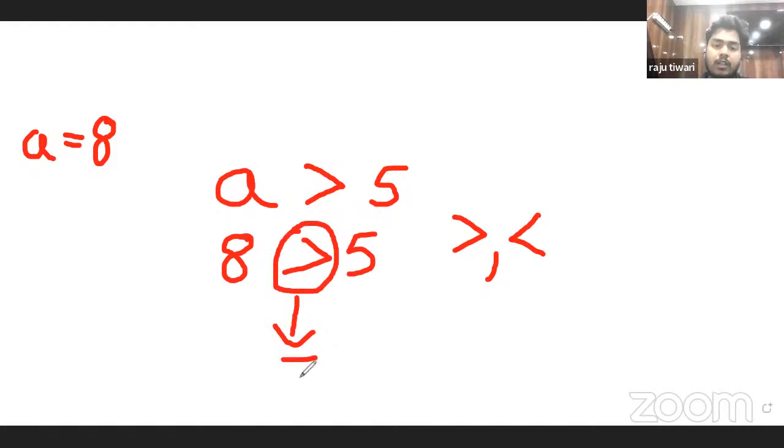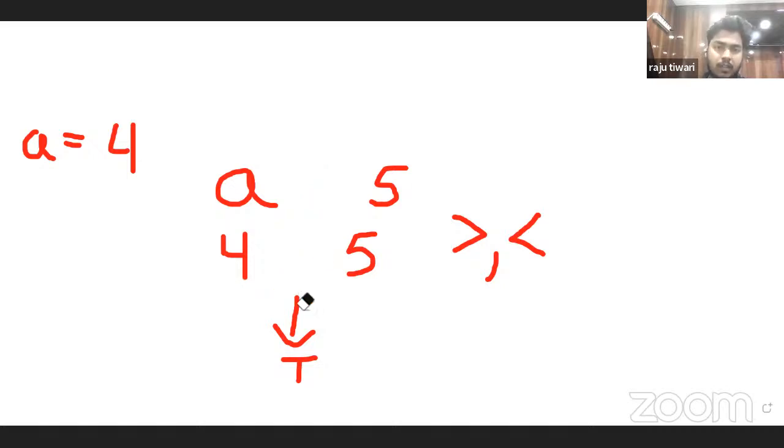Now, if someone again puts a value in a, and this time he puts the value 4. Now, this time this will become false. Why? Because 4 is not greater than 5. So I hope the greater than operator is clear for everyone. Now let's move to the next operator, that is less than operator.